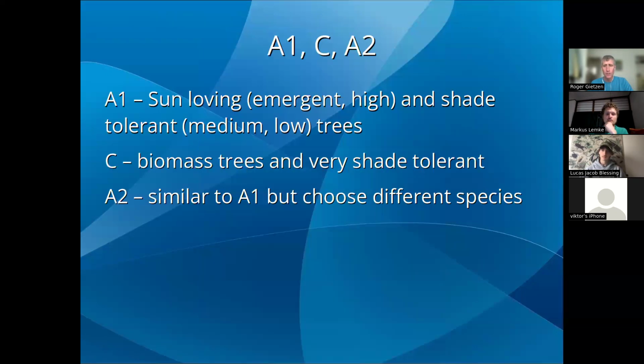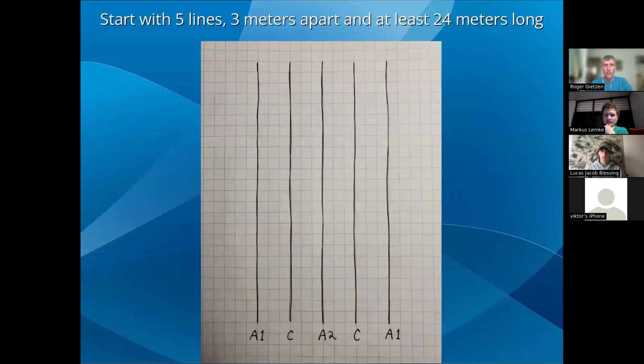I have a question on the spacing. Is it a general rule that the closer we are to the equatorial line, the less spacing we can plan for trees because of the light conditions?